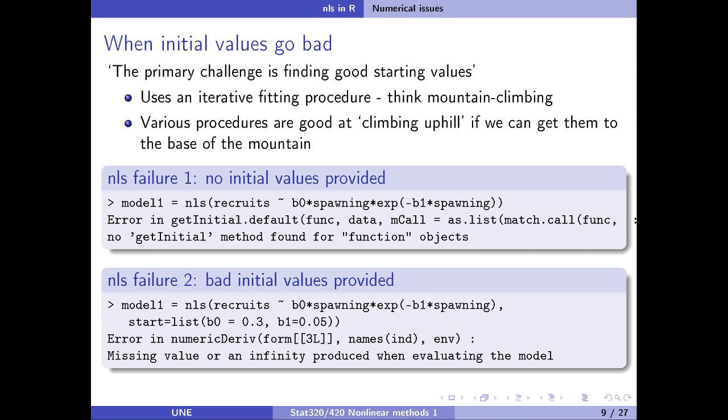And it tells me I've got an error in numericDeriv, some other stuff, missing value or an infinity produced when evaluating the model. Basically, it's probably tried to take the square root of a negative number or the natural log of a negative number or divide by 0 or something along those lines, and the numerical procedure has blown up. And this is R telling us that it's had a problem. And we need to go back and start again. It's not at all uncommon when performing nonlinear regression to have to work at those initial values, and you're going to see this error message from time to time.